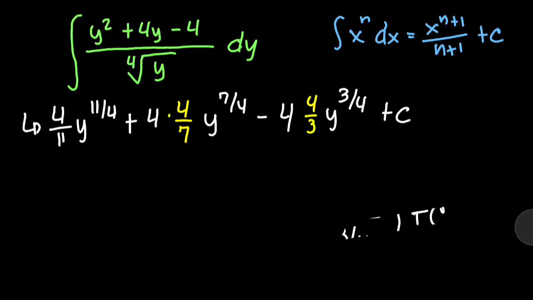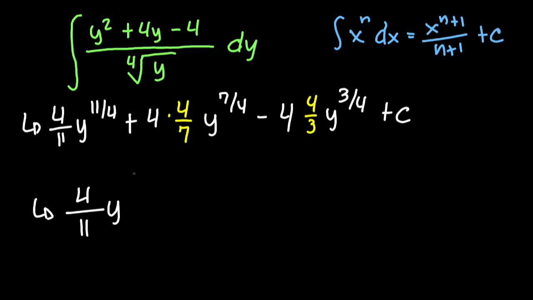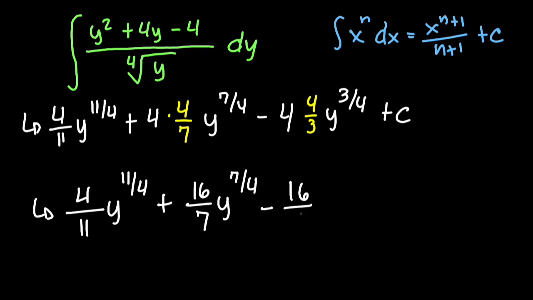And so, the final answer would be equal to 4 over 11 y to the power of 11 over 4 plus 16 over 7 y to the power of 7 over 4 minus 16 over 3 y to the power of 3 over 4 plus c.